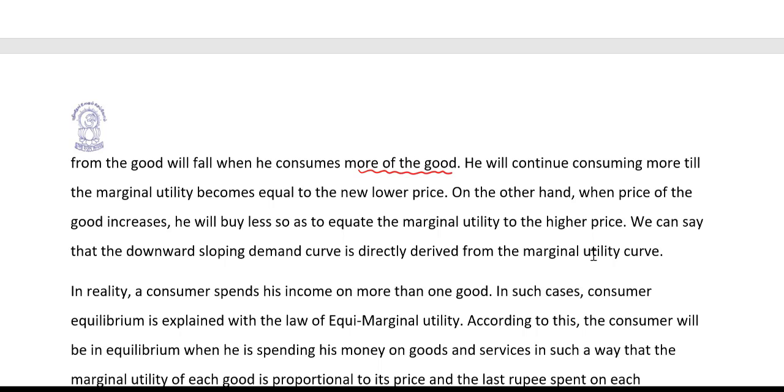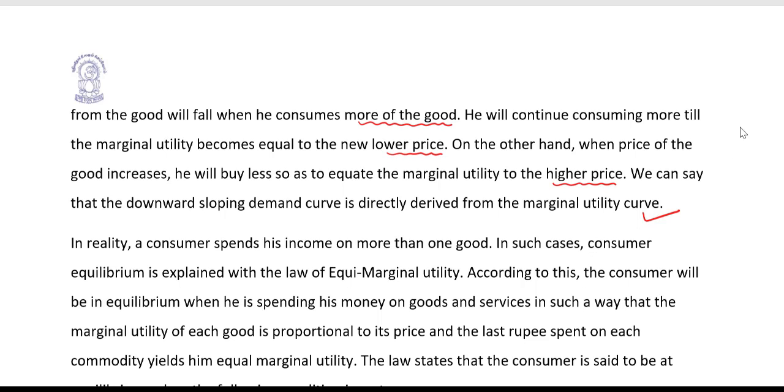He will continue consuming more till the marginal utility becomes equal to its price. On the other hand, when the price of the good increases, he will buy less, to equate the marginal utility to the higher price. We can say that the downward sloping demand curve is directly derived from the marginal utility curve.